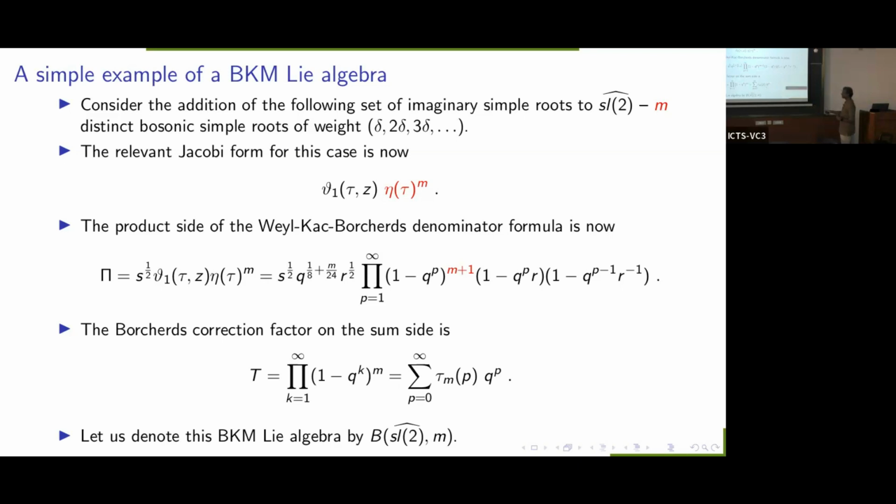You keep this as a product in some trivial sense, and these are the terms. So you have a concrete Borcherds correction term. I've written it as q power p. The Borcherds correction term should be e power p delta minus p delta in my notation. So here is the simplest example, which I call B SL2 hat m. Of course, you can take not just this, there can be eta products. In fact, for the case of CHL, it's not so simple.